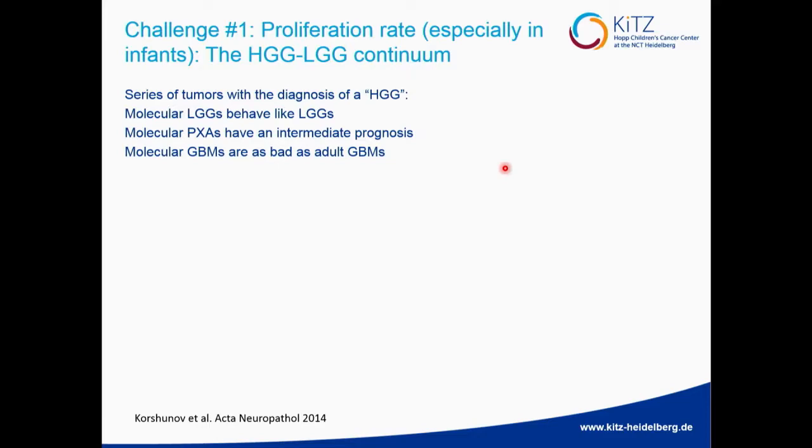And if you take pediatric high-grade gliomas as an example, you basically would expect that in a developing brain, you overall have more proliferation, right, independent of malignancy. And there, the mitotic index is really sometimes very tricky in terms of interpreting what should be called a high-grade versus a low-grade tumor.